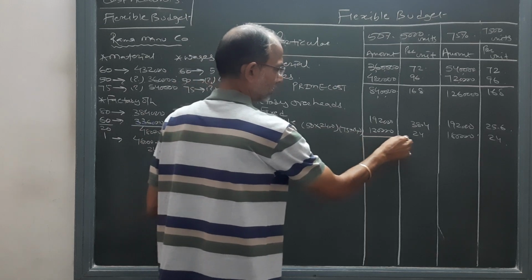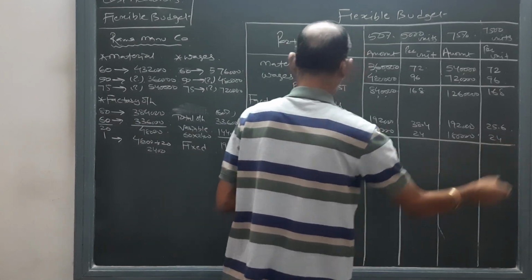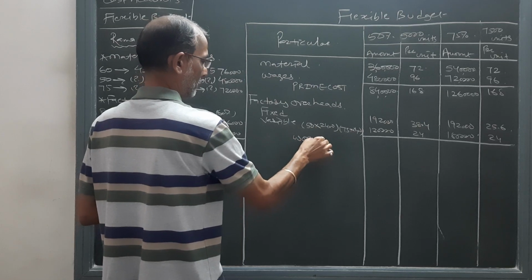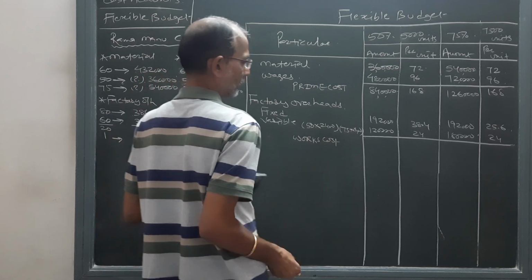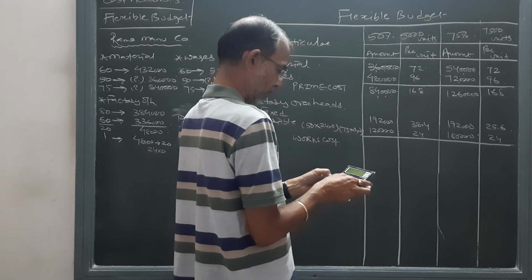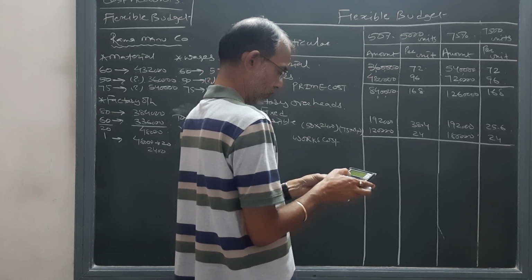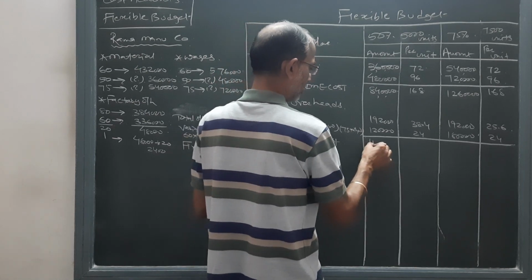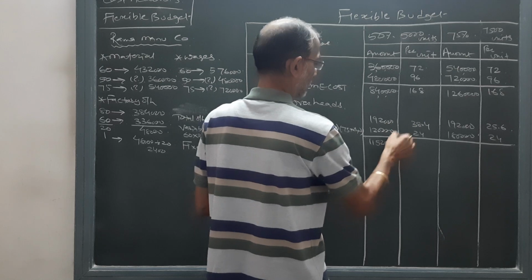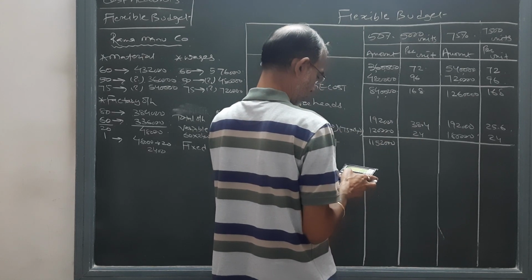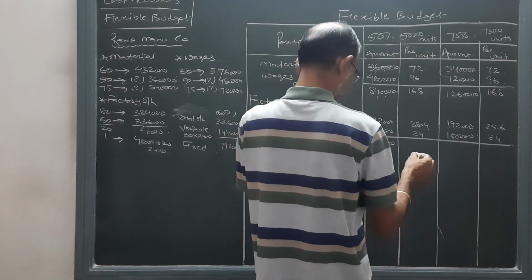This is called works cost. 840 plus 192 plus 120, 11 lakh 52,000, and per unit will be 168 plus 38.4 plus 24, 230.4.